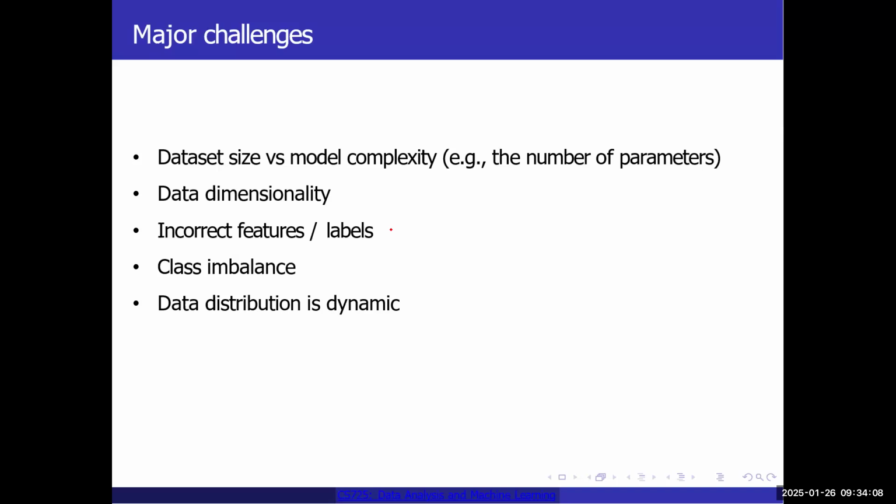Another challenge is incorrect labels, right? When you have millions of data, you need to have very good labeling. It can be from a human who labels images one by one. Maybe you can write a program that helps you to label. So it's basically the quality of the data.